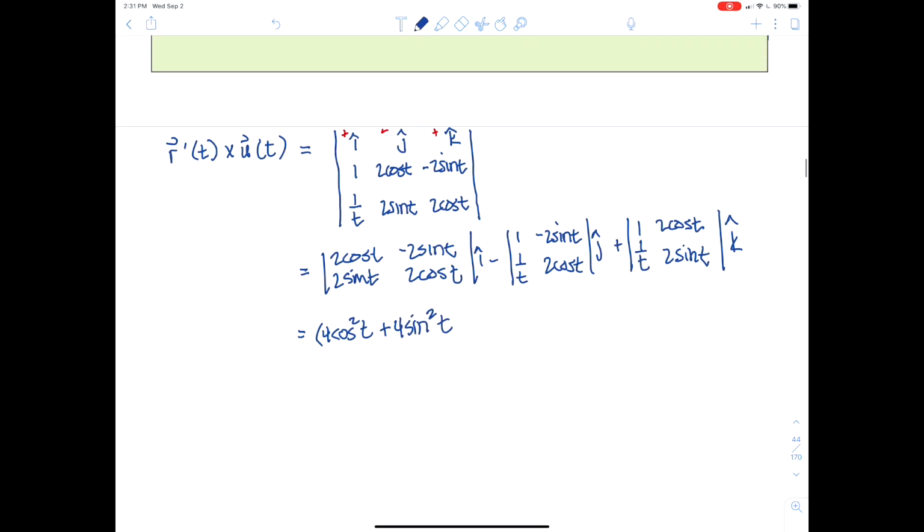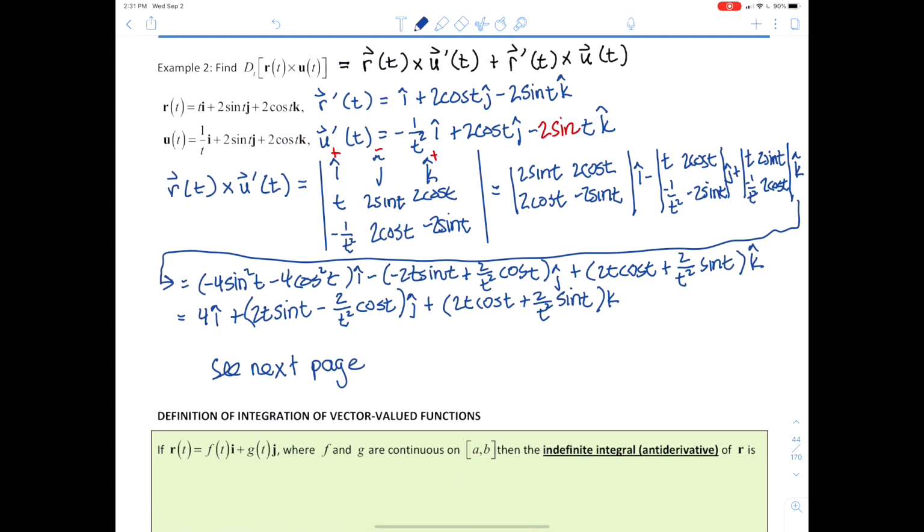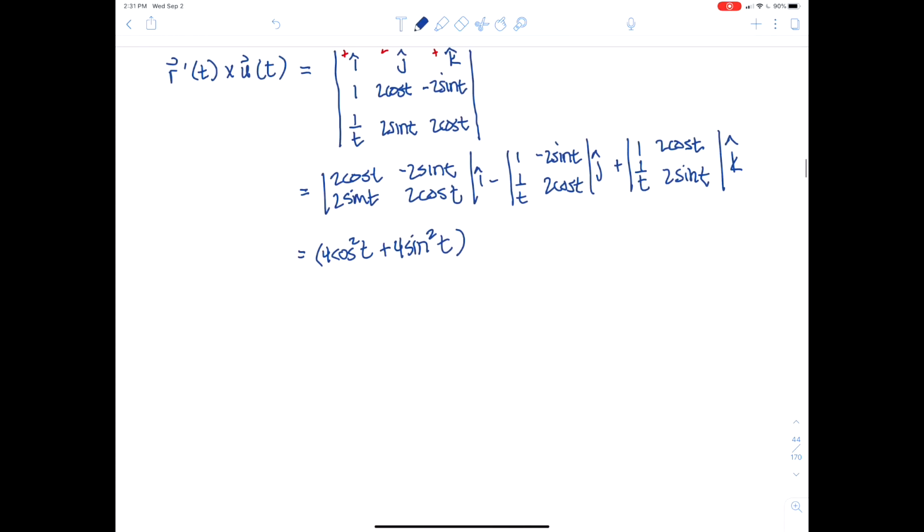Let me double check something, because I needed to factor out here a negative 4. Do you see it'll be a negative to get that identity? Okay, so now we're going to have, this is times i, and then minus 2 cosine t plus 2 over t sine t.